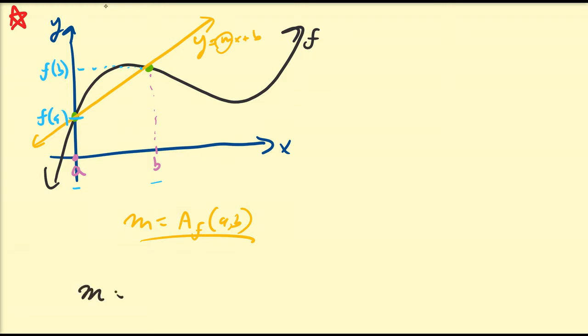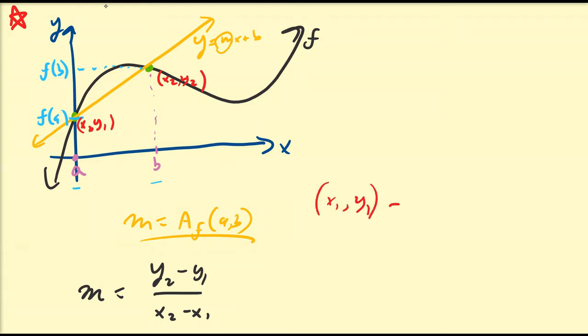As we usually know, the slope of a line is given by y2 minus y1 over x2 minus x1. So we're going to call these points x1, y1 and x2, y2. I'm going to call this point right here x1, y1, and this point here x2, y2. So x1, y1 is equivalent to the point where x1 is chosen to be a, and the y value at that point is f of a.